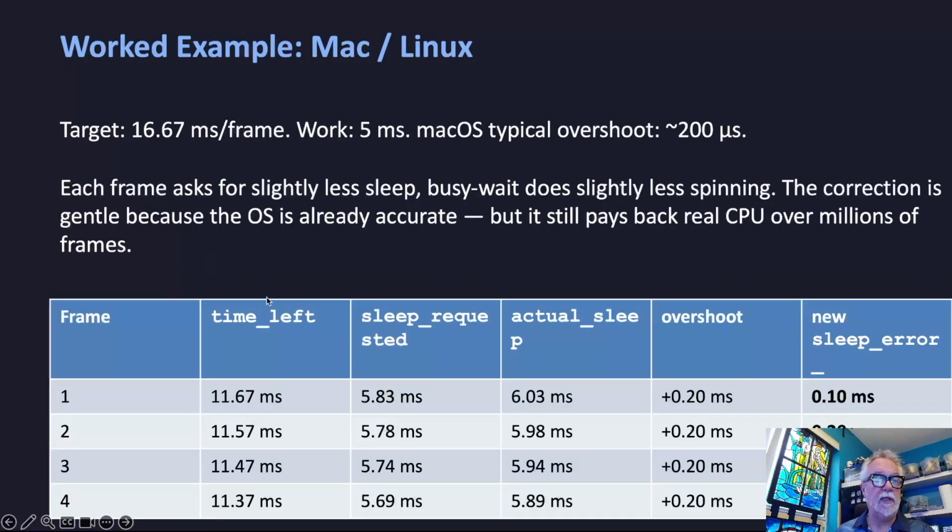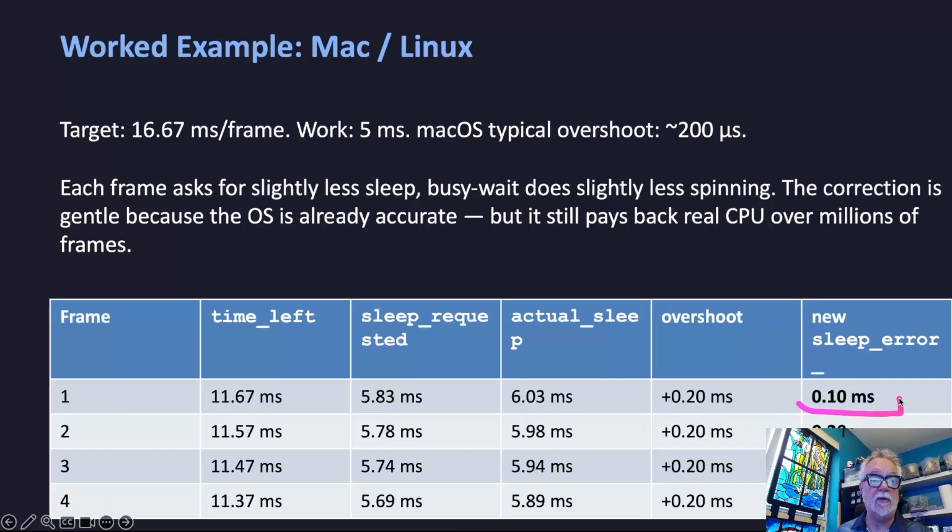So how does this look in real time? Let's say that we have a frame 1 where we do some calculations and we have 11.67 milliseconds left. So we ask for half of that, but the actual sleep is 6.03, right? So we've overshot by 0.2 milliseconds.